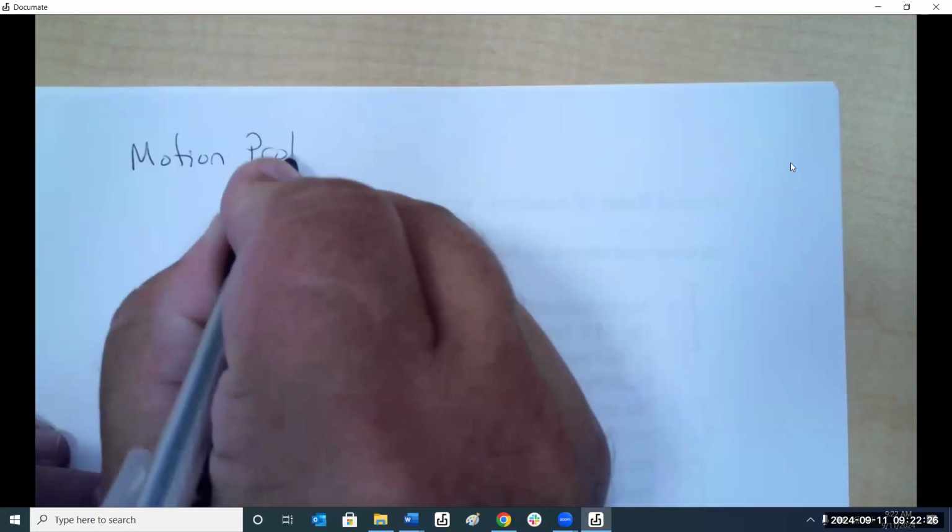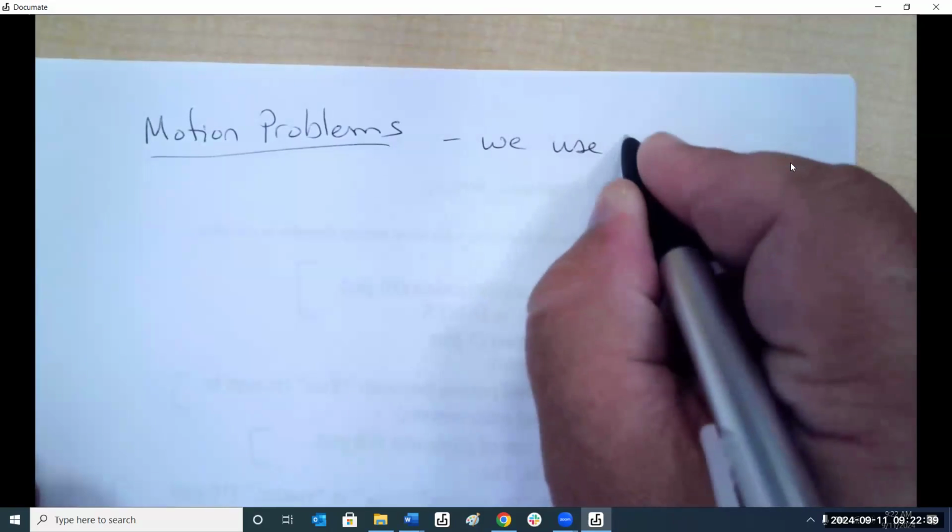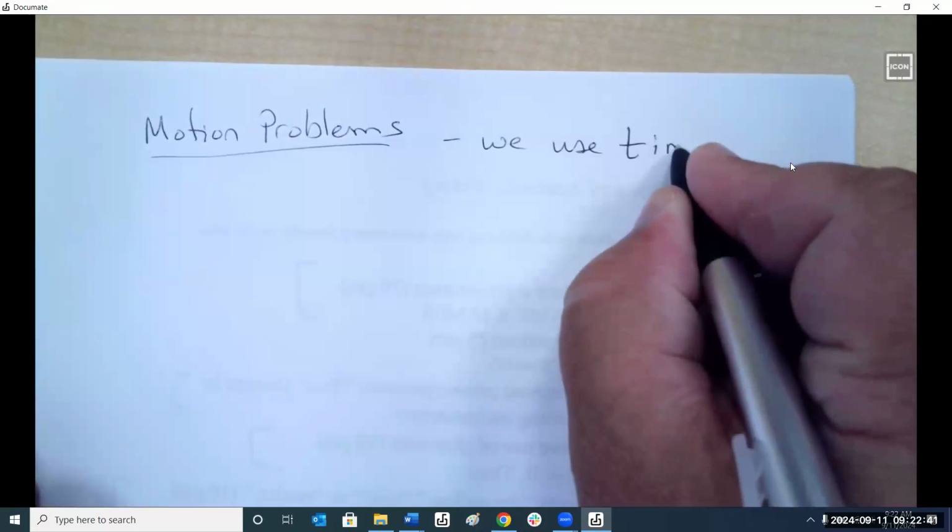All right, now we're going to look at what are called motion problems. Things that move. Whenever we deal with things that move, we use time.